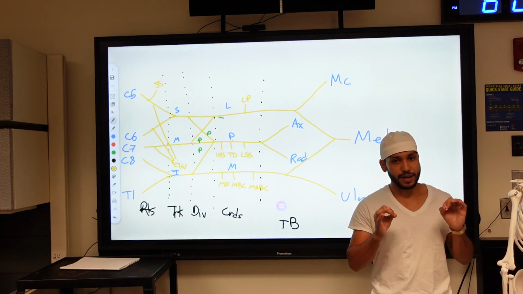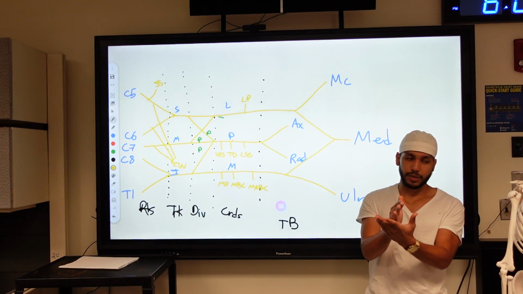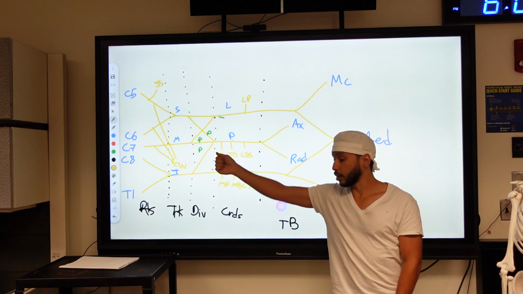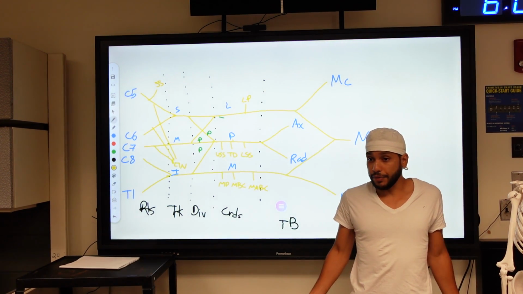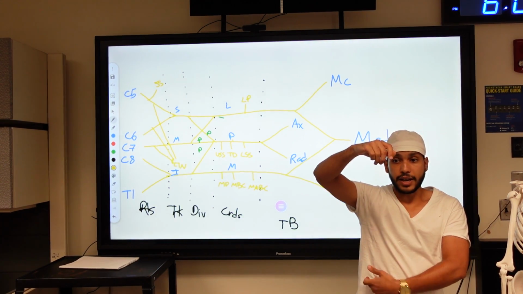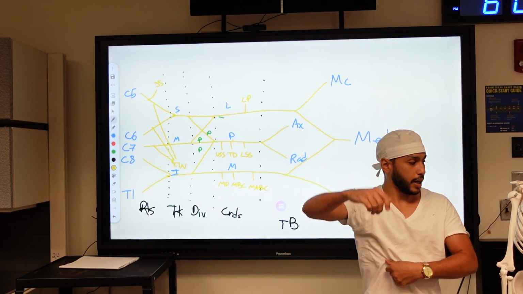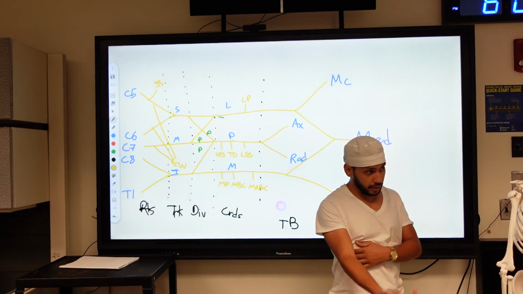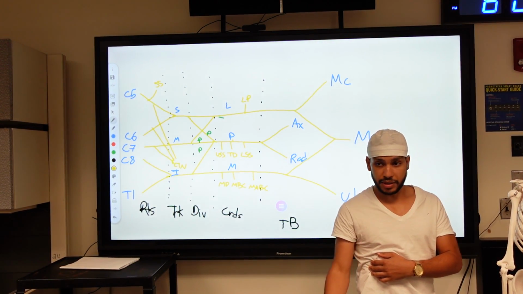But like I said, the natural tone of it just makes sure that it keeps that medial border down up against the thorax. So if you cut the long thoracic nerve in a knife fight, because it's so long and exposed right here, and it can easily be damaged, right? You're going to have injury to this long thoracic nerve, which will then affect your serratus anterior, decrease its tone.